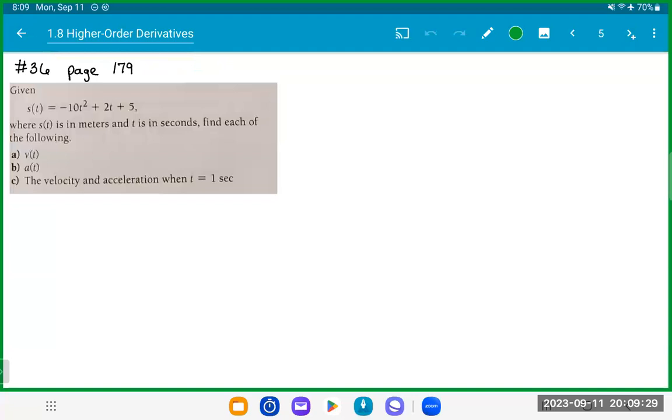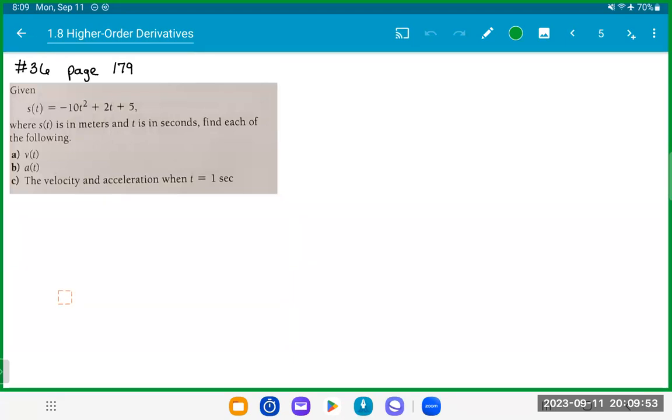Okay, the last problem for this section is an application problem. And so we're given that S of t is equal to -10t squared plus 2t plus 5. And we're asked to find the velocity and the acceleration, and then we want to evaluate each of those at time equal to 1. Okay.